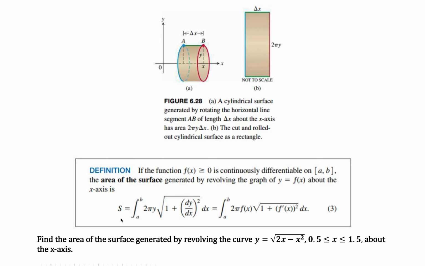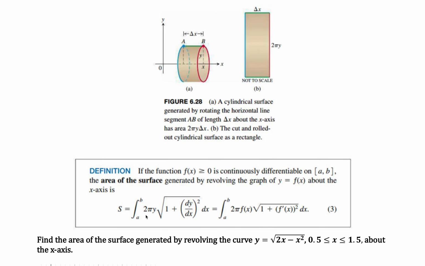So you can see here, surface area is the integral from a to b of 2 pi y, there's that length, and then the square root of 1 plus dy dx squared, that's going to be our arc length. So you're going to recognize this again from that last section. So we're going to use this formula to find surface area for a given curve.